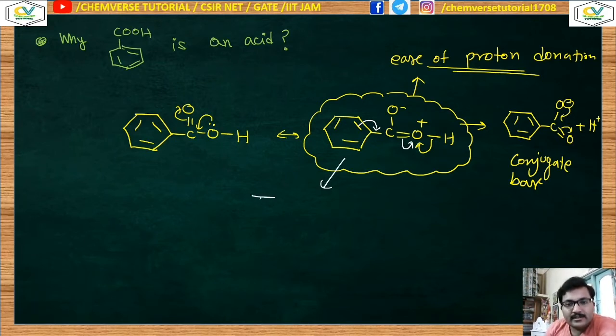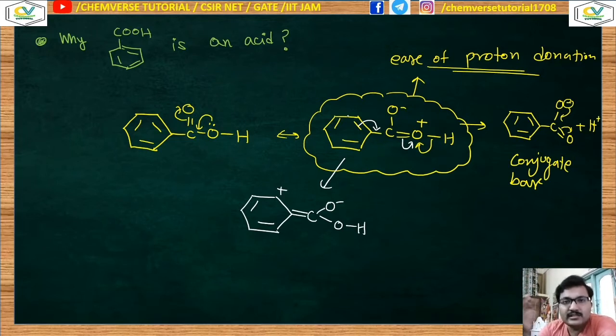As a result, you can get something like this situation. It is a remote situation. It is very unlikely. Why is it unlikely? Because in this case the benzene ring actually loses its aromaticity. But some amount of this kind of resonance will occur. That means some amount of electron donation will occur from benzene to CO2H.